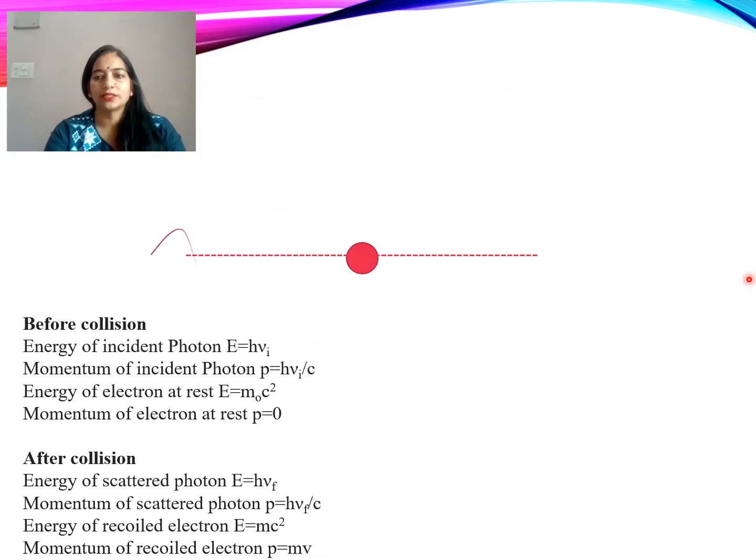Now this is a little demonstration of this collision, or Compton effect. This photon comes and strikes the rest electron. Before collision, this is the condition of the photon and this is the condition of the electron, a rest electron: energy of electron m naught c square, and momentum is 0.